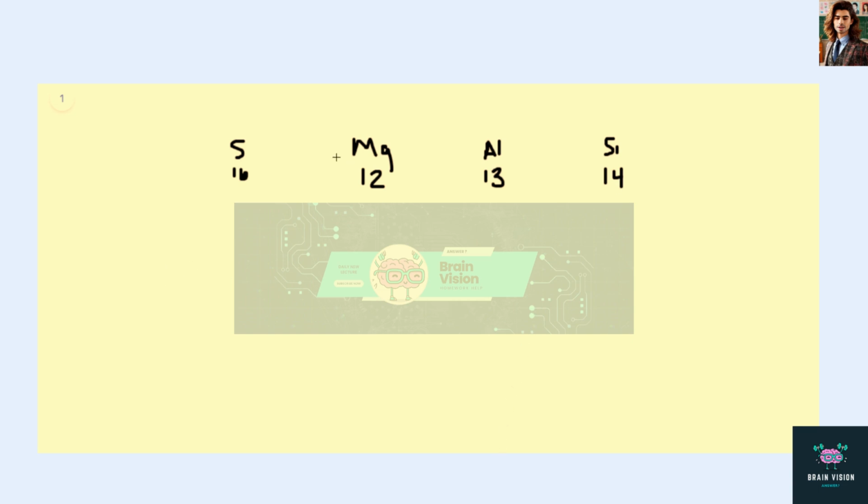So we're going to do the smallest one, which would be magnesium. So we'll have 12 protons in the nucleus. The first energy level will have 2 electrons. The second energy level will have 8.